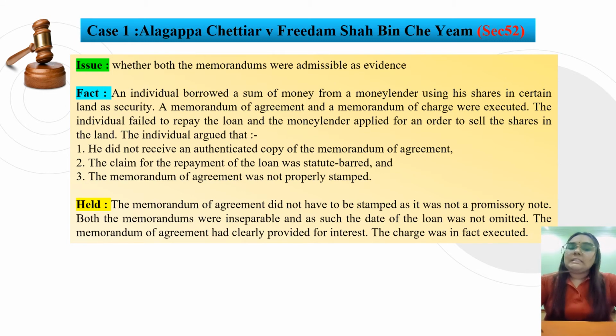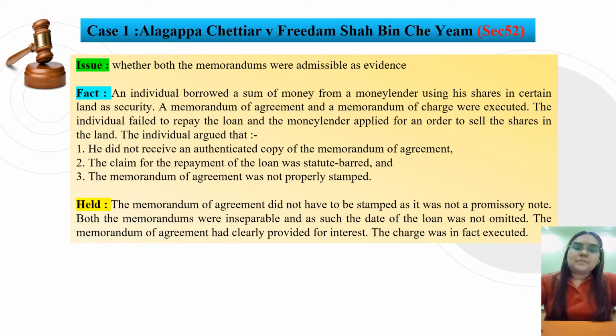The judge rejected the first two arguments but held that the memorandum of agreement was a promissory note and could not be used as evidence as it was not properly stamped, and that the memorandum of charge did not provide for interest and was not signed by the moneylender.